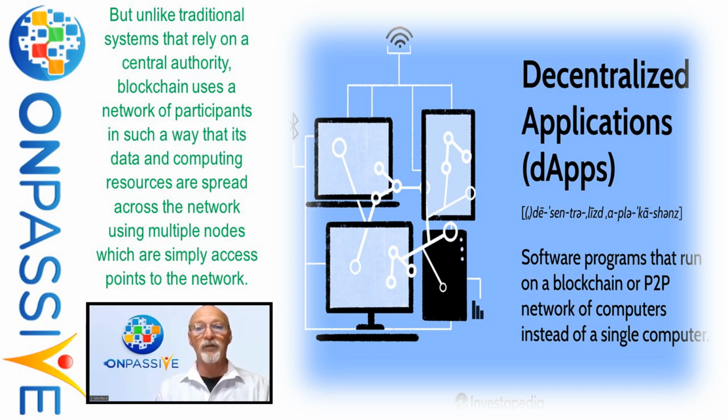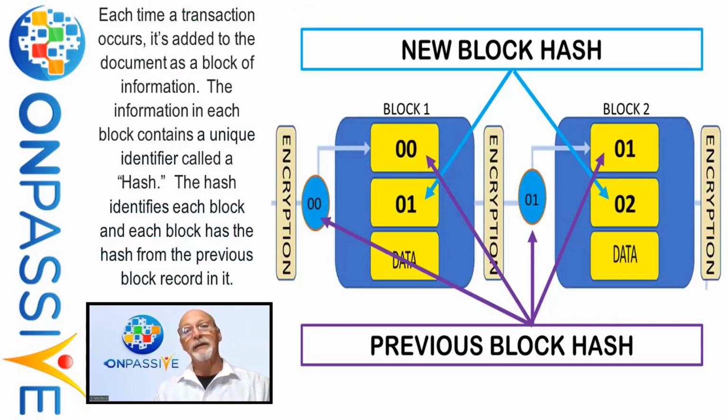Now, the next couple of slides are going to be very oversimplified. So now getting back to our book, imagine each time a transaction occurs, it's added to the document as a block of information. There's a lot of information in the block, like a date, time stamp, metadata about the transaction and other stuff.